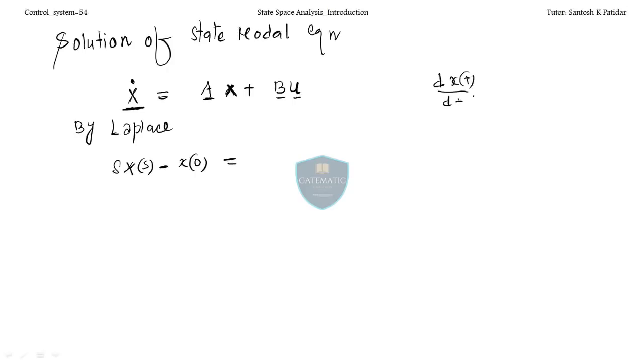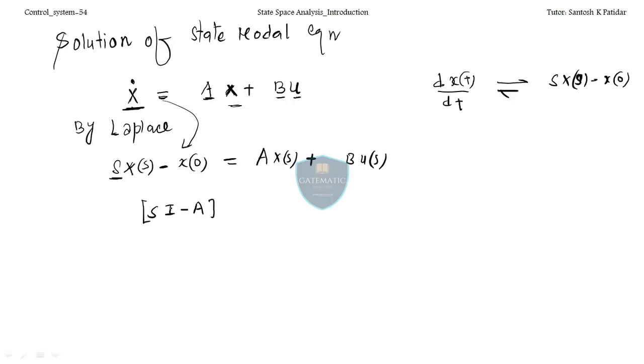So I can write this over here. What about this? AX(s) I can write, and this thing I can write BU(s). Take this X(s) term to this side. So what you will get is s and A, so sI minus A.